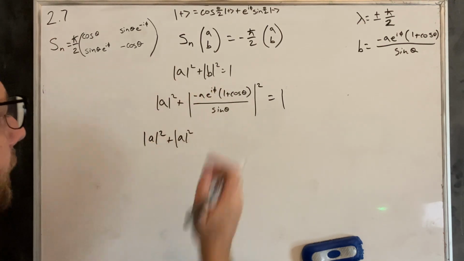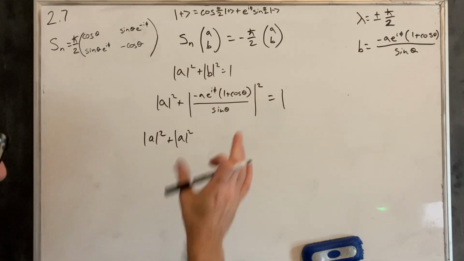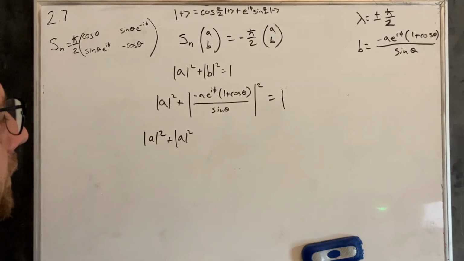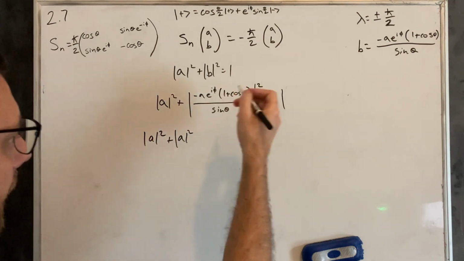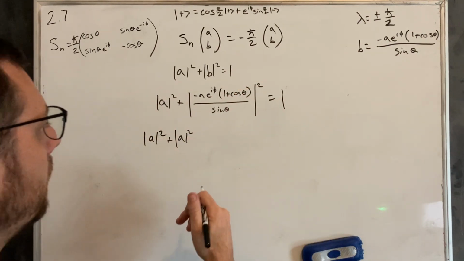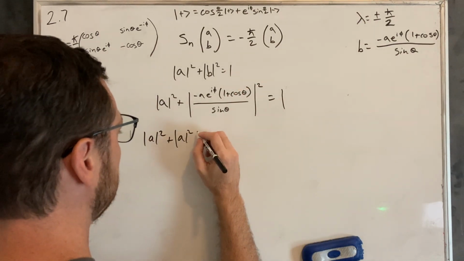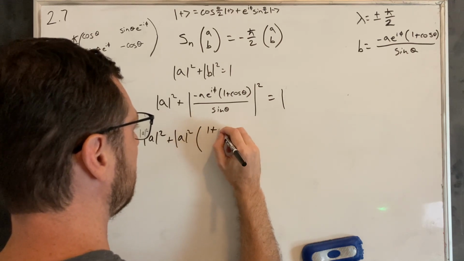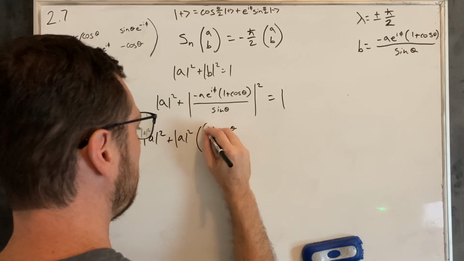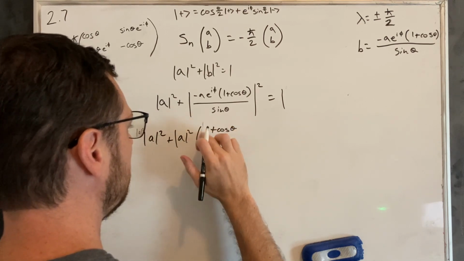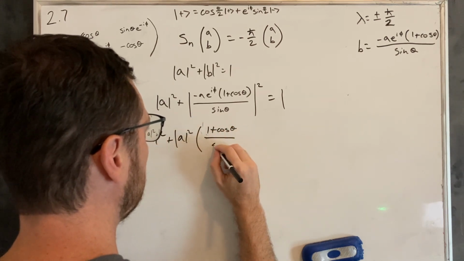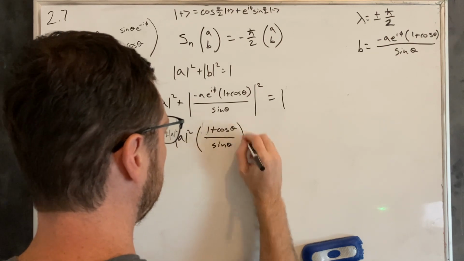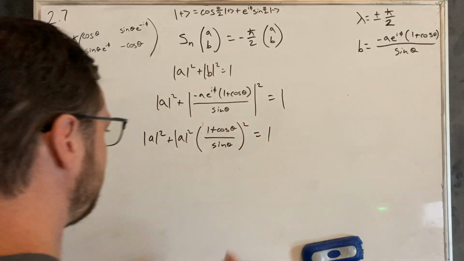This e to the i phi squared is going to cancel out because it's going to be multiplied with its complex conjugate, e to the negative i phi, and that's going to become 1. So that gets canceled out. So then we're just left with 1 plus cosine theta over sine theta, and that's all going to be squared equals 1.